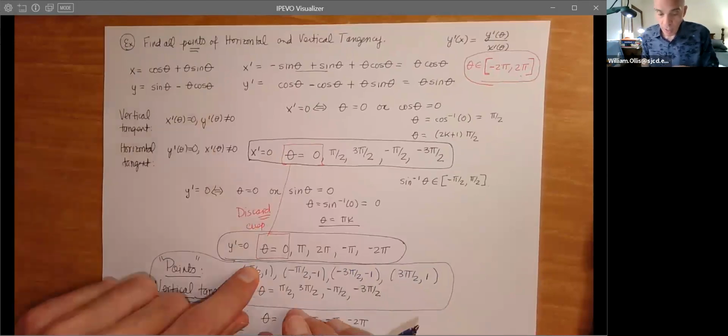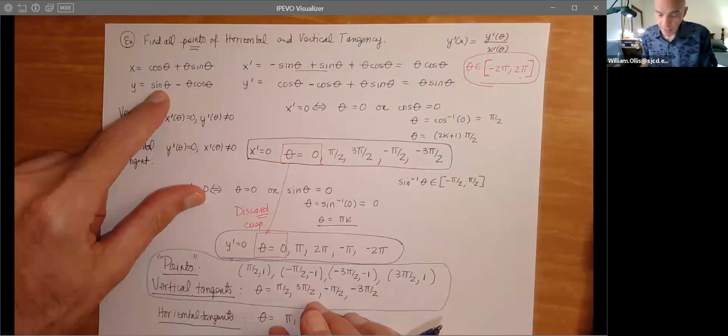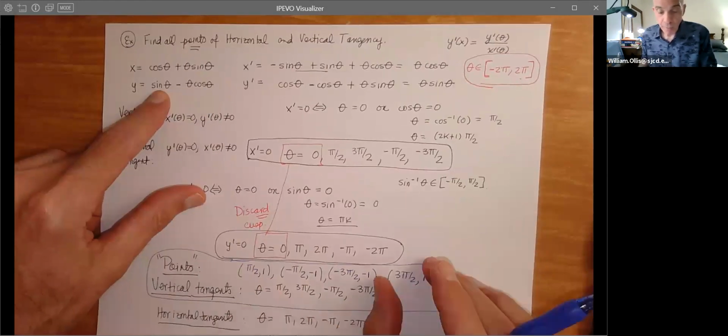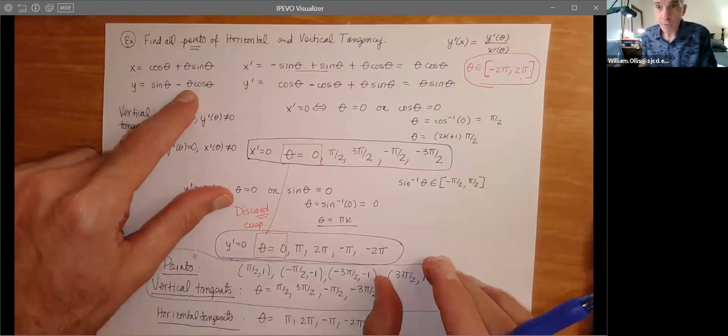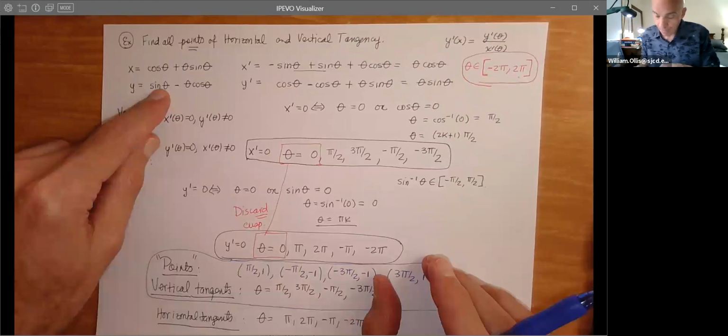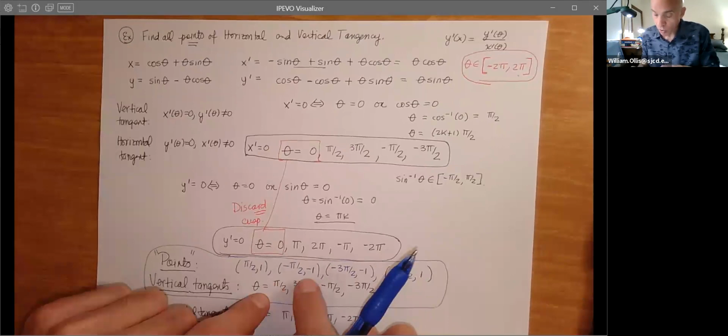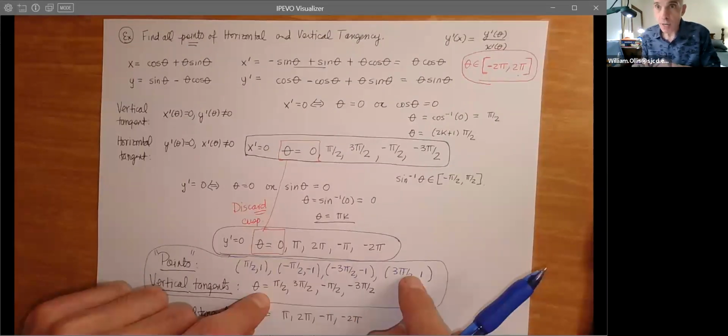And then with the y, when you do the pi over 2, you get a 1, and then you get minus pi over 2 times cosine of pi over 2, which is 0, so you just get the 1. So you're just substituting the values into these equations to get the actual Cartesian points. That's all I'm saying there.